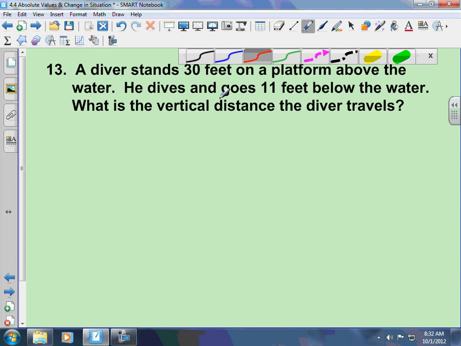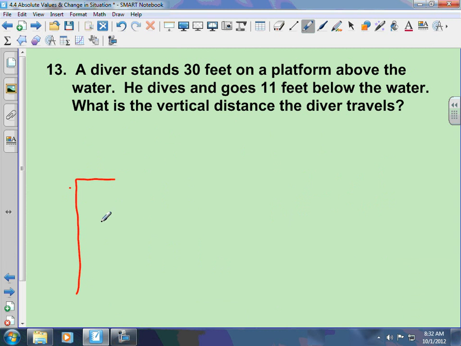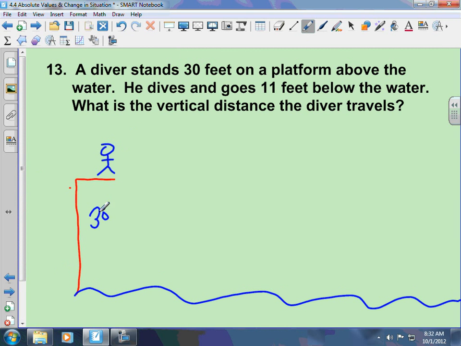For number 13, we're going to draw a picture. A diver stands 30 feet on a platform above the water. So here's my platform, and it is 30 feet above the water. Here's my water. Here's my diver. He is 30 feet in the air.